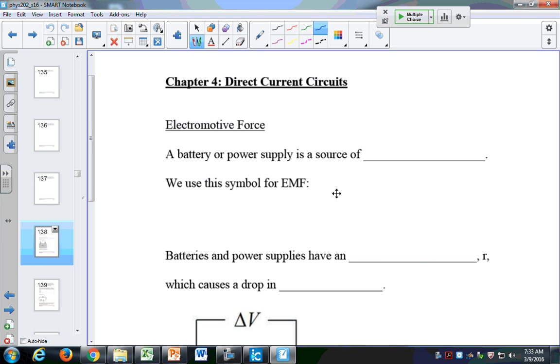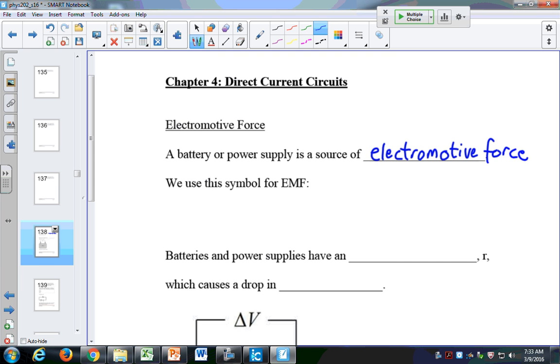First, we just want to define a few things. We talked about batteries being a source of voltage, but we want to think of them more as a source of electromotive force, an ideal source of voltage.